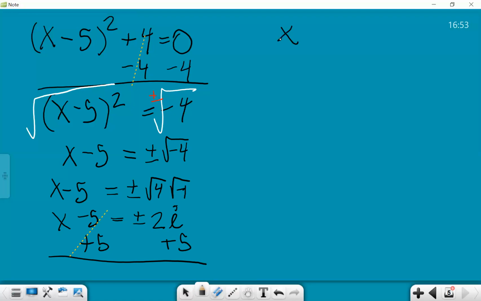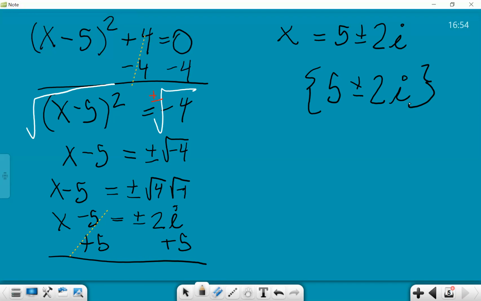That gives me x equals 5 plus or minus 2i. So you'll notice my answer is in a plus bi form. And I can put this again in set notation, 5 plus or minus 2i. Two different solutions here, the plus version and the minus version. And that is how we solve equations using the square root property.